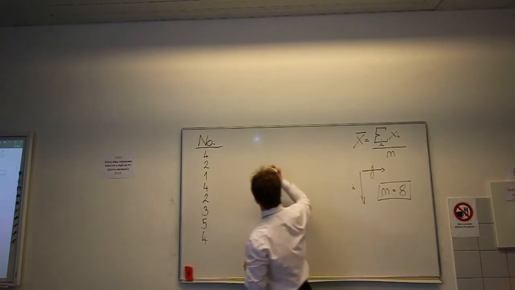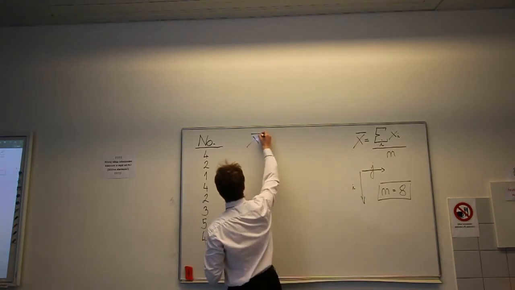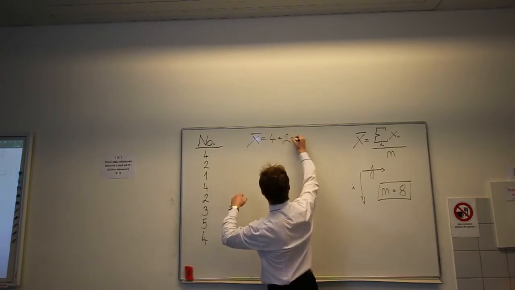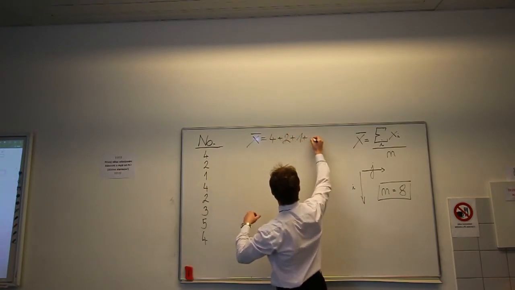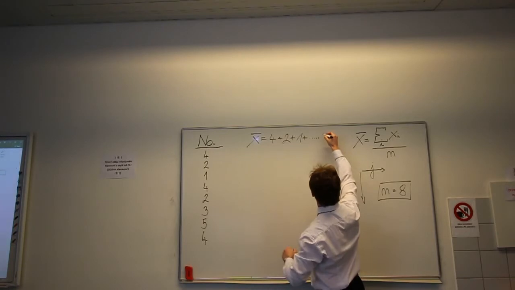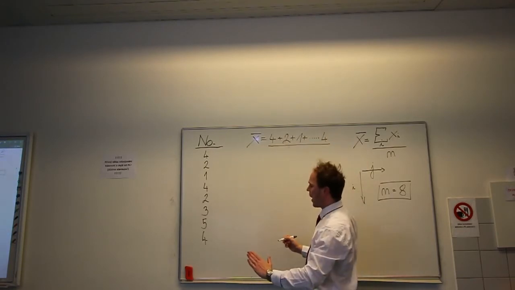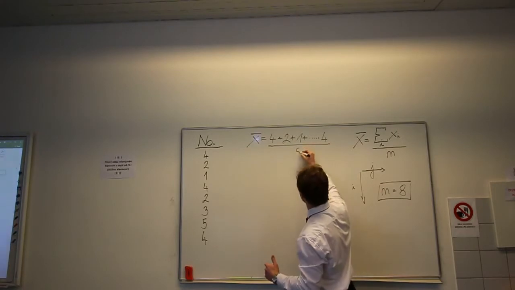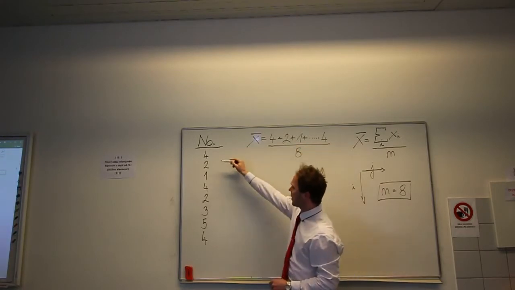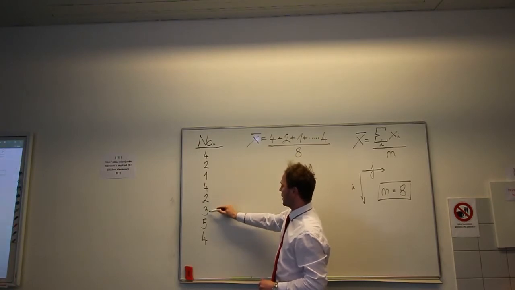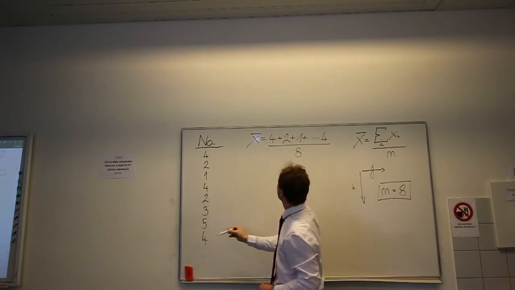So if we calculate x with stripe, like 4 plus 2 plus 1 plus etc., as the last value is 4, and sum it up, 6, 7, 11, 13, 16, 21, 25.